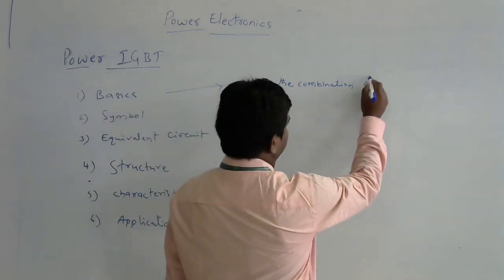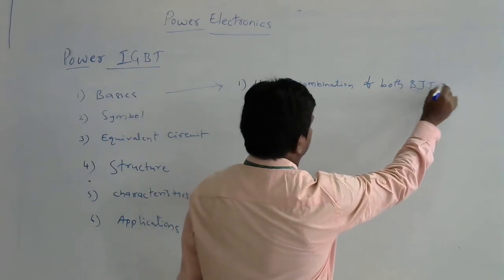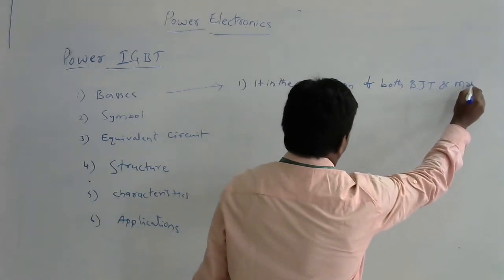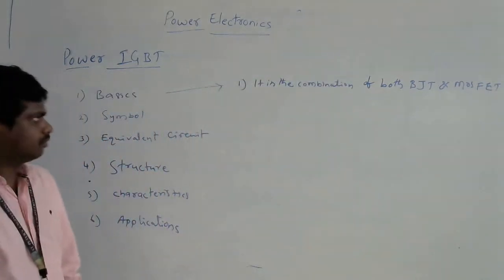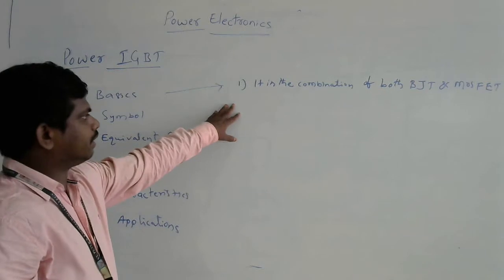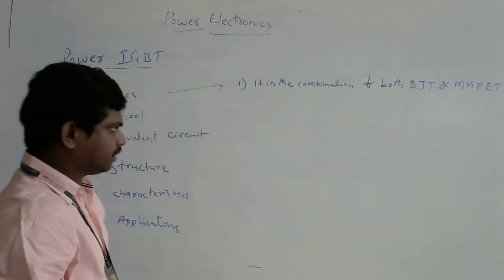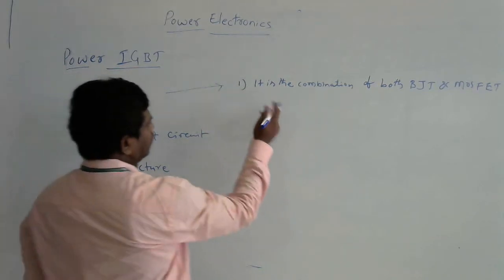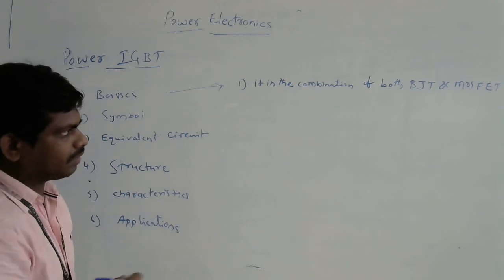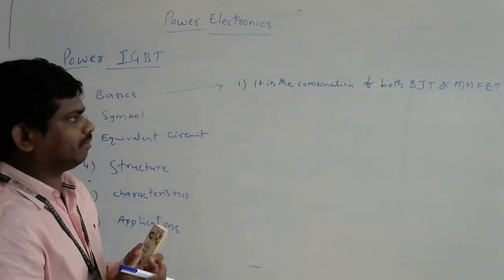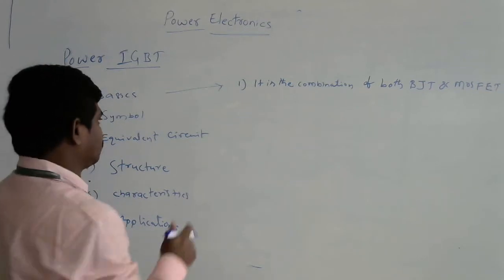People designed the power IGBT with the combination of BJT and MOSFET. As the combination is in terms of BJT and MOSFET, we are taking the advantages of both the devices and designing this IGBT for particular applications.